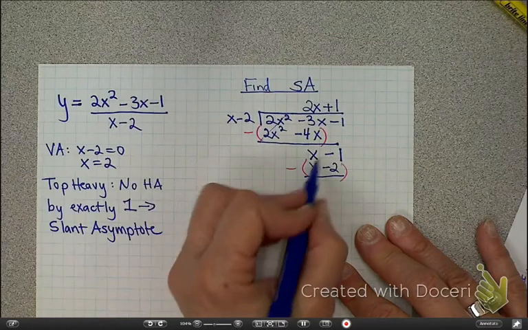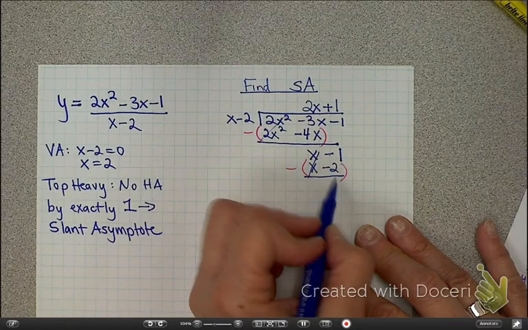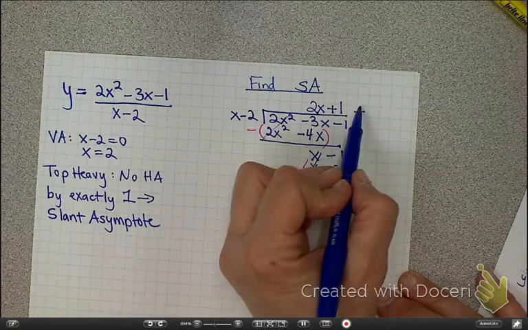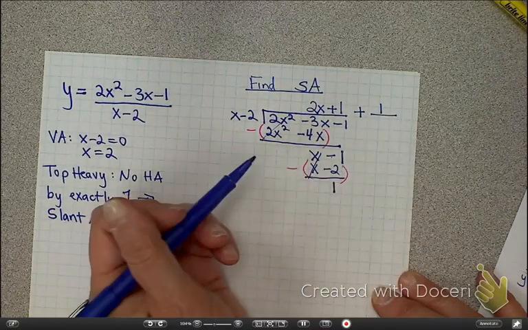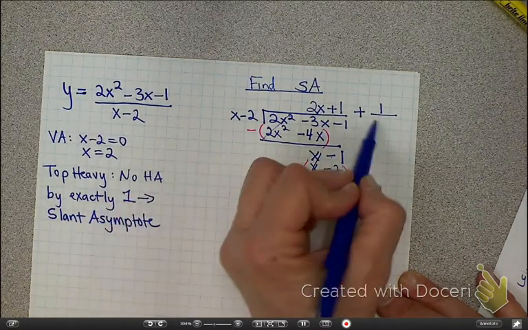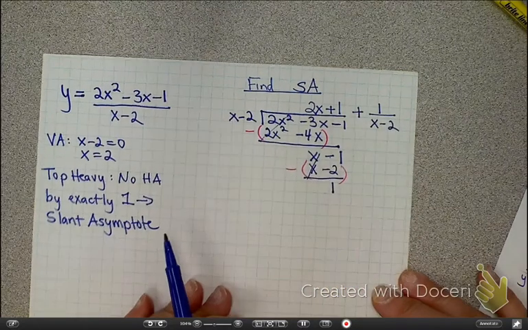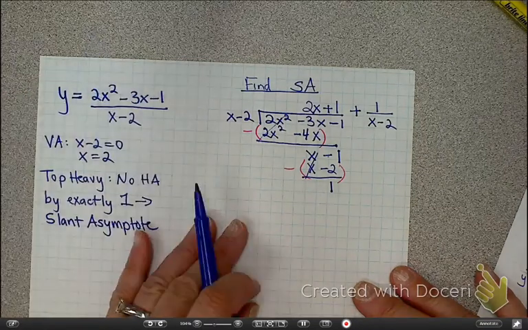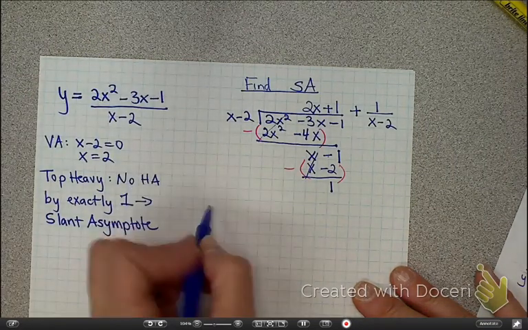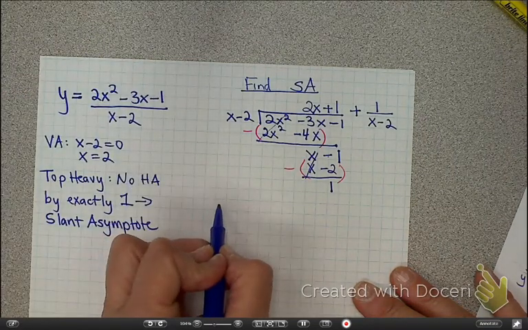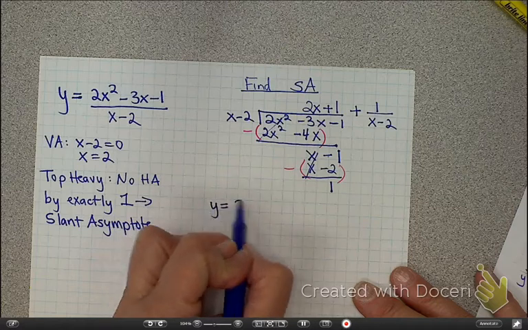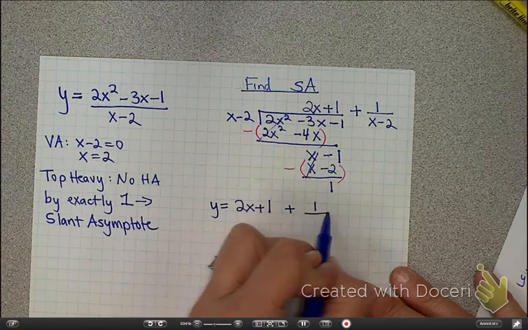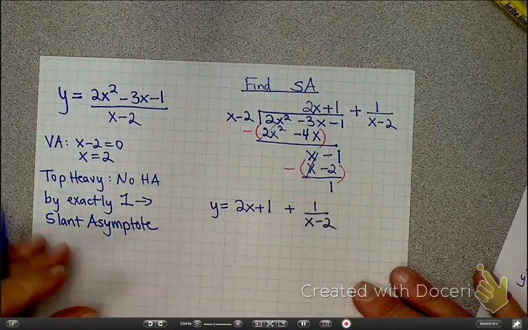So x minus x is 0, that cancels, and then negative 1 plus 2 is 1. And so that's the remainder. So we can write it as plus 1 over x minus 2. So all I did was divide this, and what we ended up with was y equals 2x plus 1 plus 1 over x minus 2.